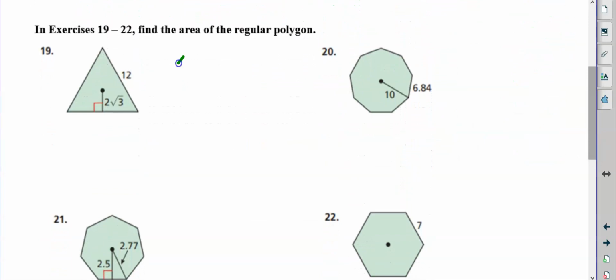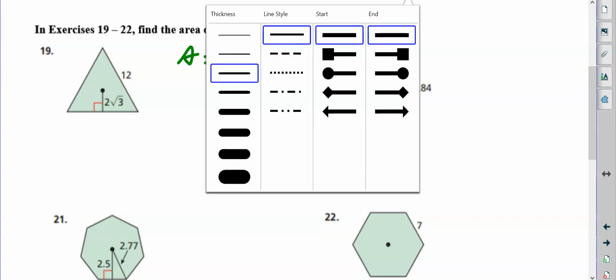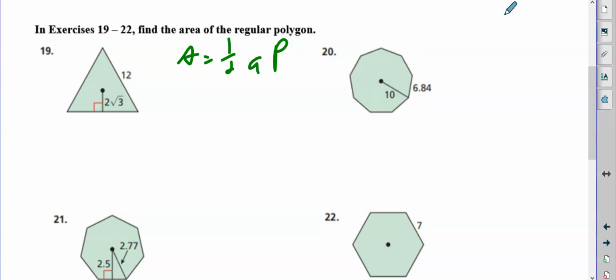All right, remember here, area is 1/2 the apothem times the perimeter. So the perimeter of the shape is 12 times 3, so 36. We know the apothem right here.